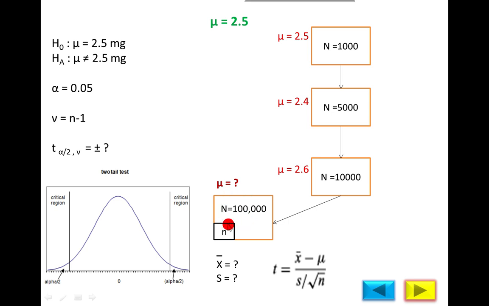So you can reject this production, destroy this production, because the population mean is not equal to 2.5 milligram. But with the help of some criteria, you can also accept. For this, we will study the confidence interval.